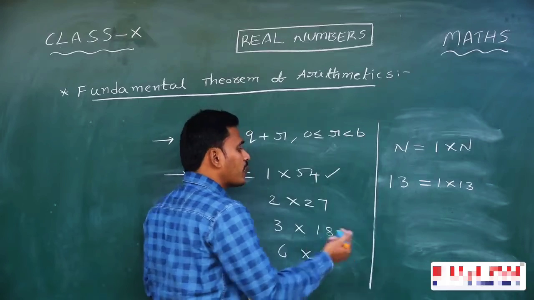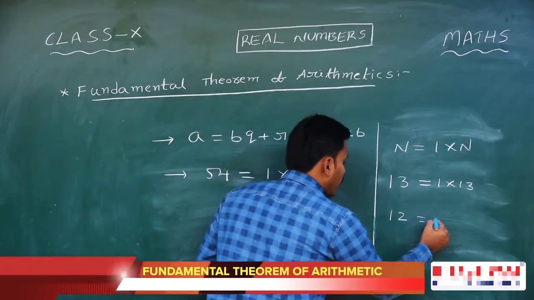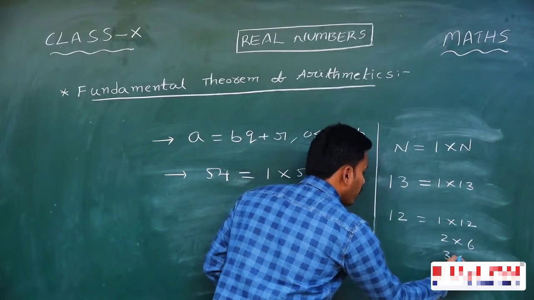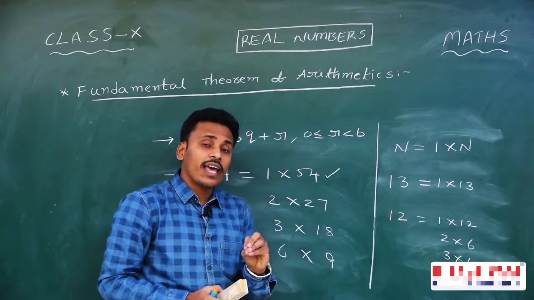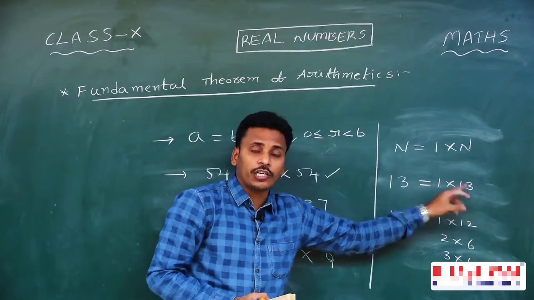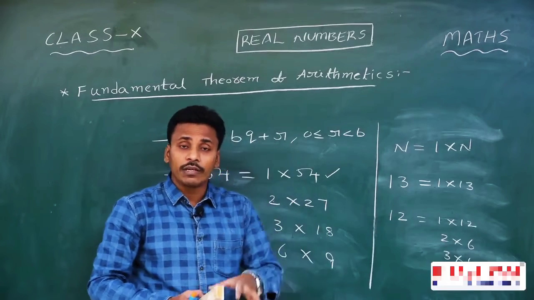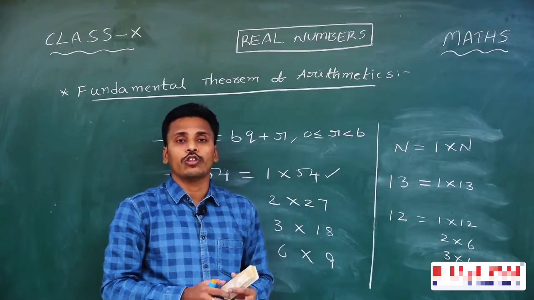If you take some other number like 12, then 12 has many representations, like 1 into 12, or 2 into 6, or 3 into 4. In that sense, some numbers have only the representation as a product of 1 with itself, and other numbers have, along with this representation, some other possibilities.